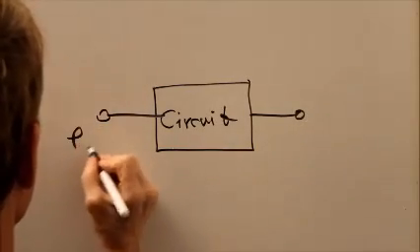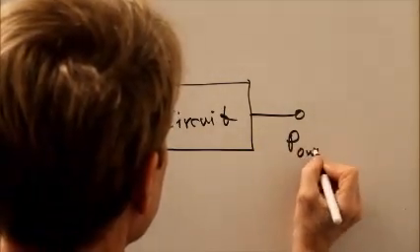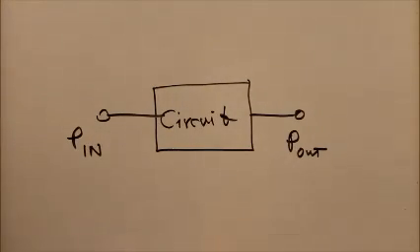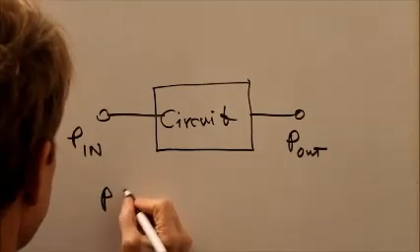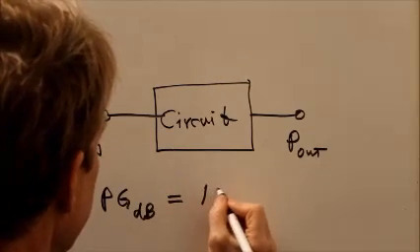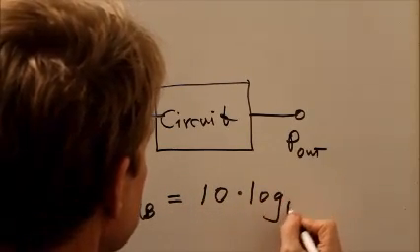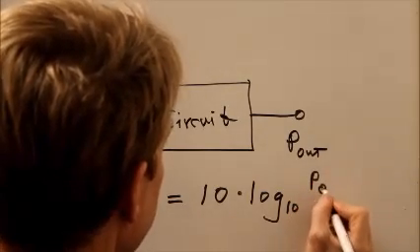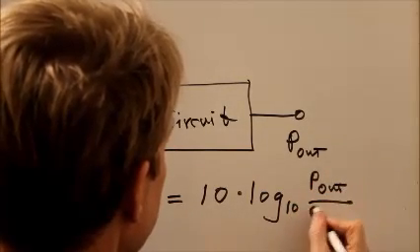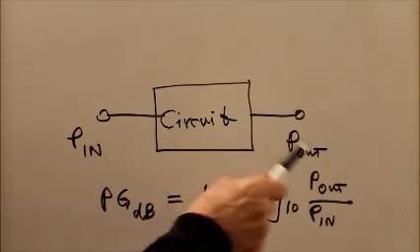If we have power input and power output, then we can calculate the power gain in decibels as 10, not 20, but 10 times the base 10 logarithm of the output power over the input power. And we don't have to worry at all about whether these resistances are the same.